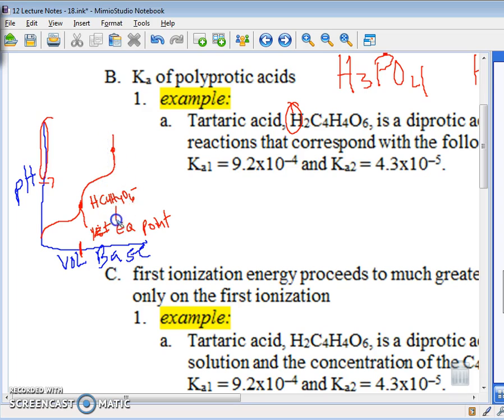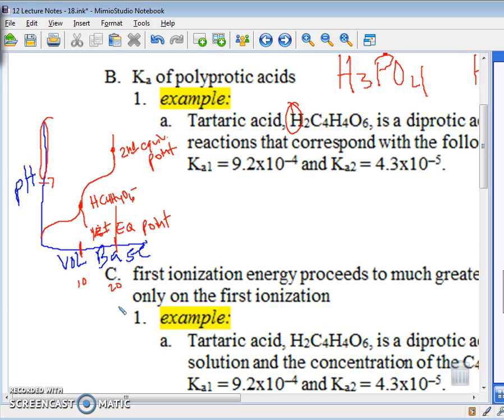Here, this should be the second equivalence point. Again, notice the volume of the base. It should take exactly twice the amount of base to get there. So if it took 10 milliliters of base to get to the first equivalence point, it should take 20 to get to the second, because it's by stoichiometry.